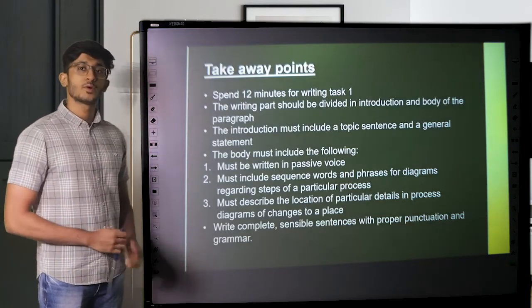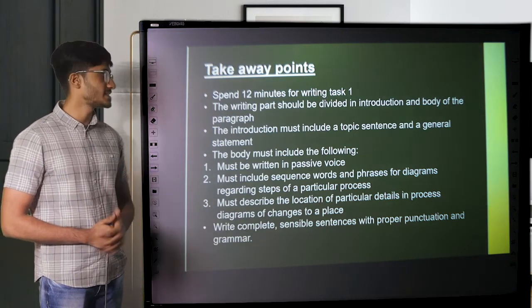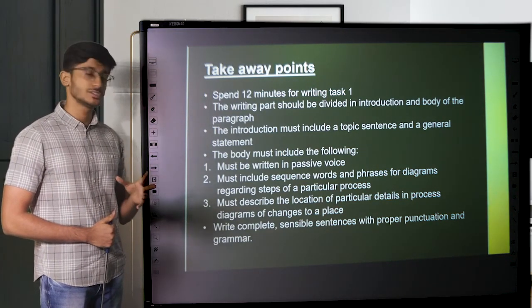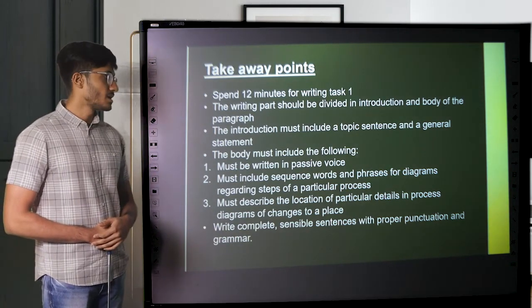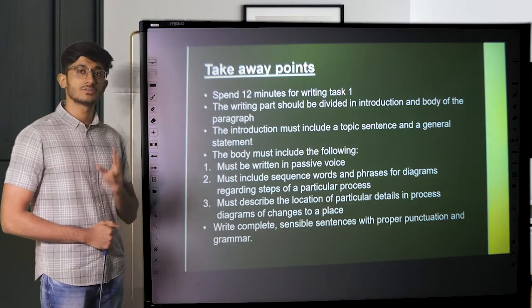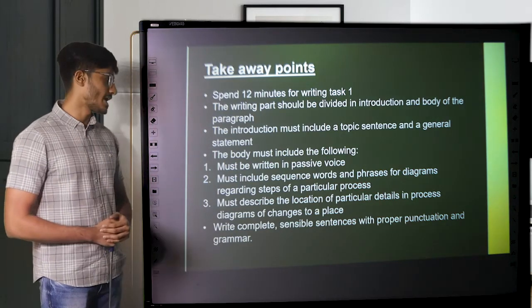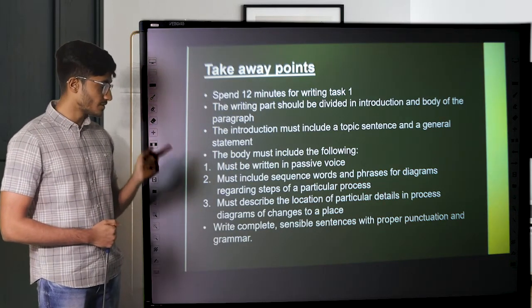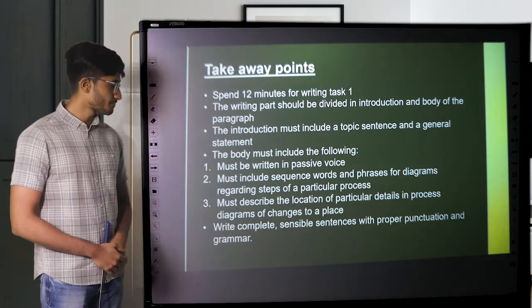A couple of takeaway points from today's video. You should spend about 12 minutes for writing task 1. The writing part should be divided into introduction and the body of the essay. The introduction must include a topic sentence and a general statement describing what you're going to be talking about in the diagram. The body must be written in passive voice.